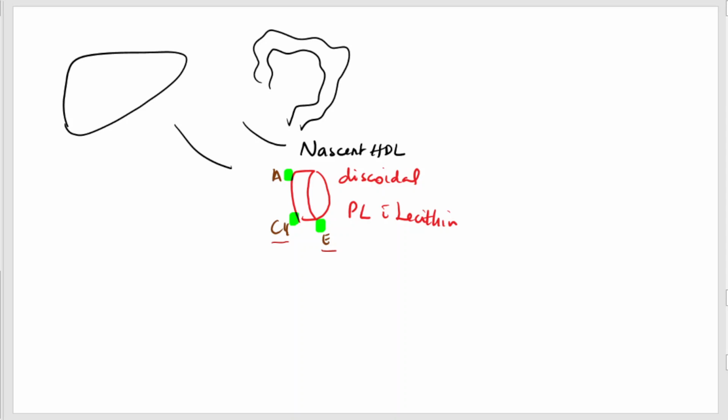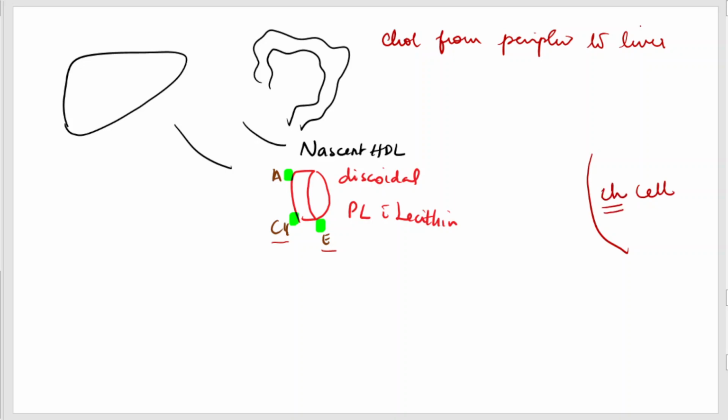Now, what is the function of HDL? The function of HDL is to transport cholesterol from the peripheral tissues to the liver. So, what is our idea? Our idea is to collect the cholesterol from all of the peripheral tissues. Within the cell there is cholesterol.